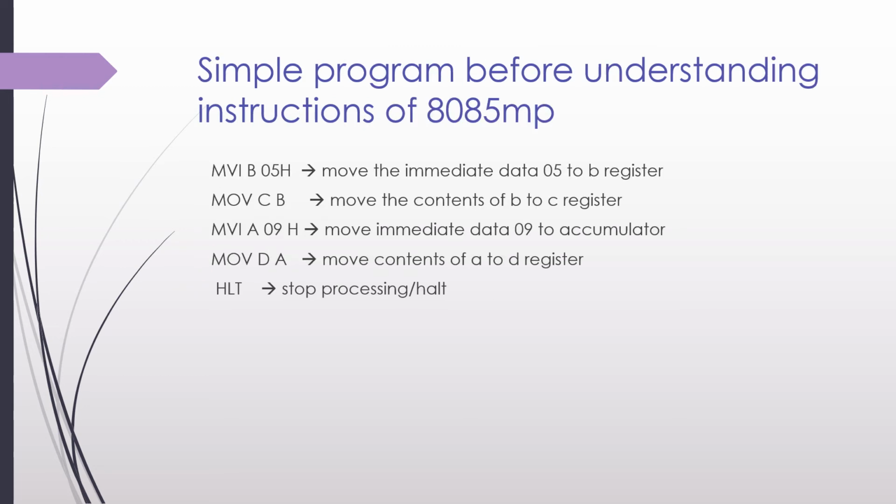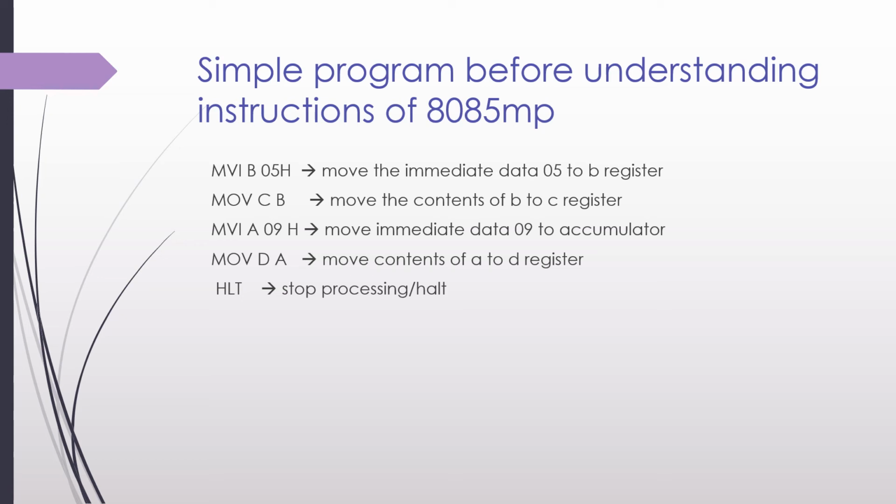Okay, before trying to understand the actual instructions of 8085, I have given you one program here, to show how we are going to use the instructions in a program. Suppose there is a program where you have stored B with 05. What is the meaning of MVI B, 05?